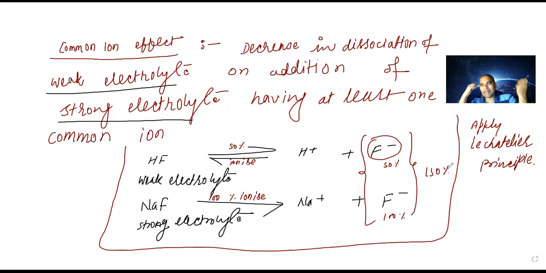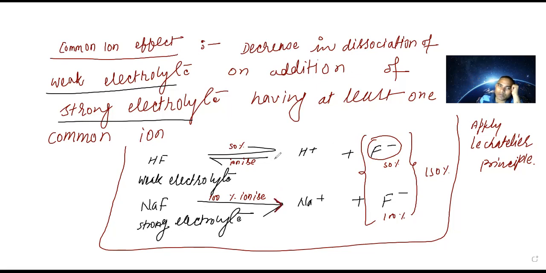So what does the Le-Chatelier principle say? Can you tell me about the Le-Chatelier principle? Yeah, since we have more F minus, the equilibrium will shift more to the left. Okay, the equilibrium will shift to the left. In which of the reactions? Because this is the only reversible one. The lower one cannot be reversed because it is an irreversible process, one direction only.